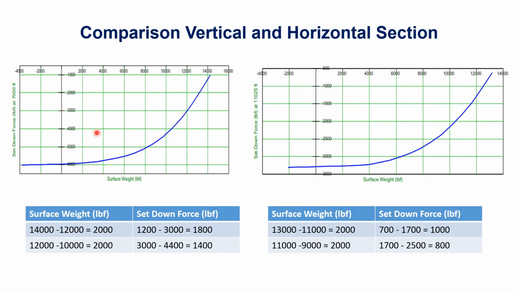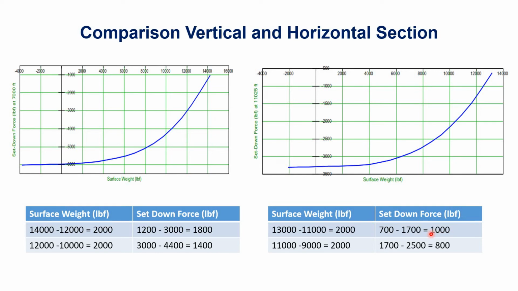In this chart, when we drop 2000 at the surface, at the bottom it will be 1800 pounds, and when we drop 2000 from 12,000 to 10,000, the bottom hole weight, or the set down force, will be 1400 in the vertical section. But for the horizontal section, when we dropped weight from 13,000 to 11,000, that is 2,000, on the bottom hole we are only able to drop 1,000.